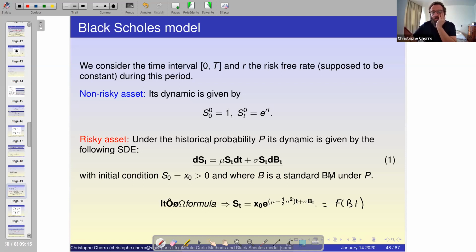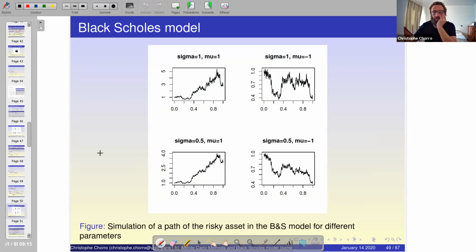It's exactly what I have done here, for different parameters of mu and sigma. Here X0 was equal to 1. For mu and sigma, you have these different values here.